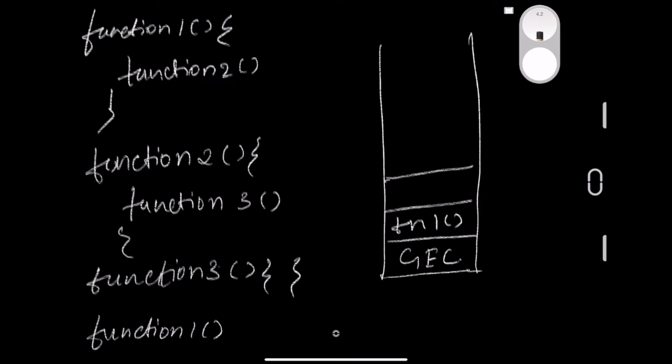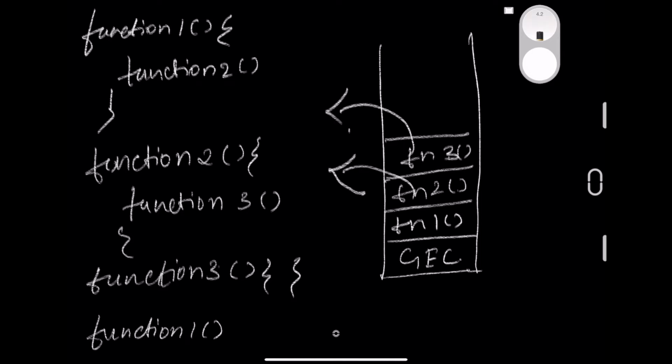When we call function 1, it goes into the function 1 block and checks for another function. So when it found function 2, it created another execution context. And later, function 2 has function 3. Again, another execution context is created. Once it executes all the code in the function, then the context will be popped off. That is what happens with all the three functions. Once the whole program is done, even the global execution context is popped off.